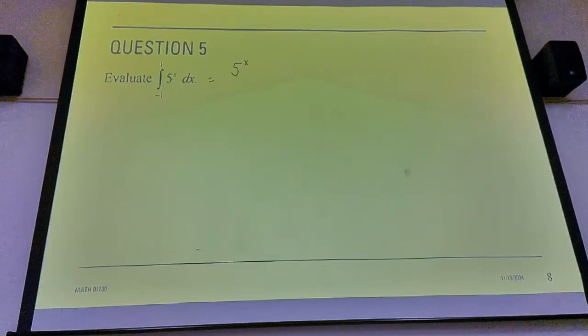That would depend. 5 to the first power? What is 5 to the minus first power? Simplify that.